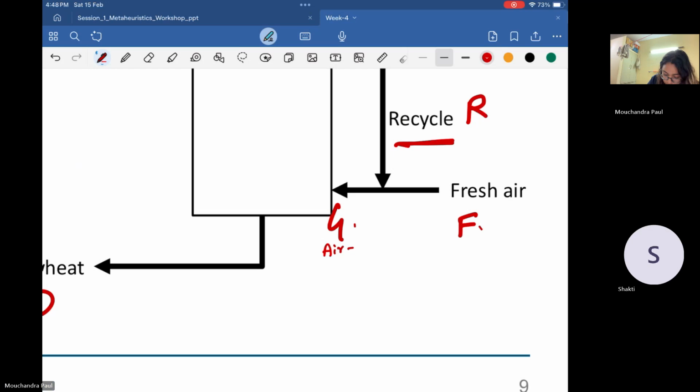So the overall balance in this case will be: 1000 kg of wet wheat is entering. What else is entering? F, fresh air, is entering.